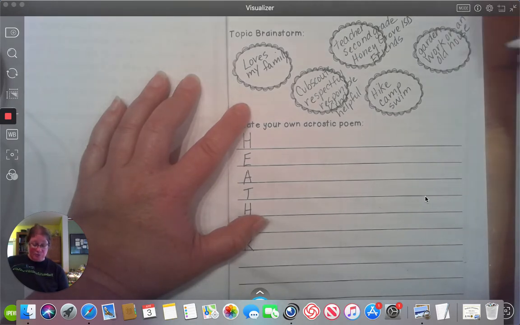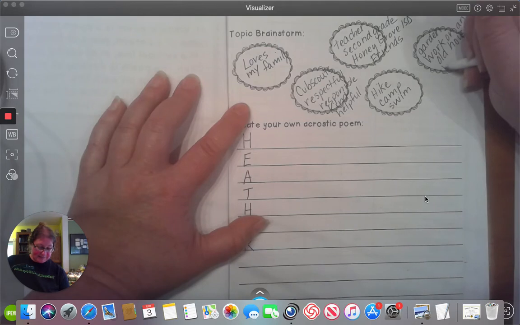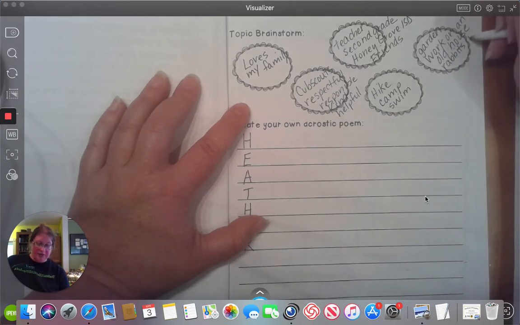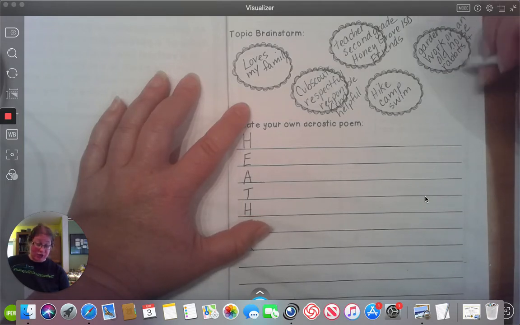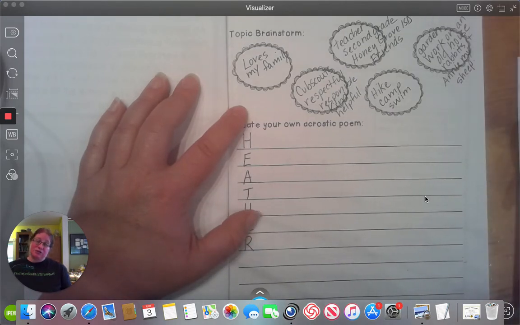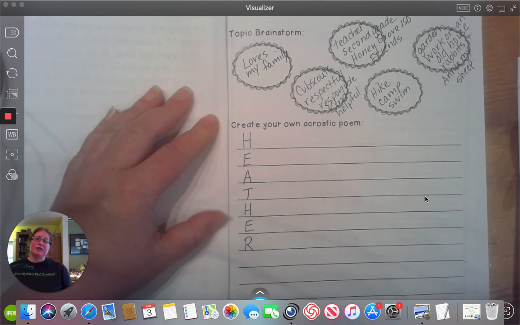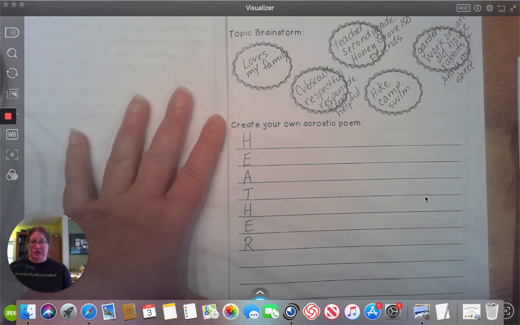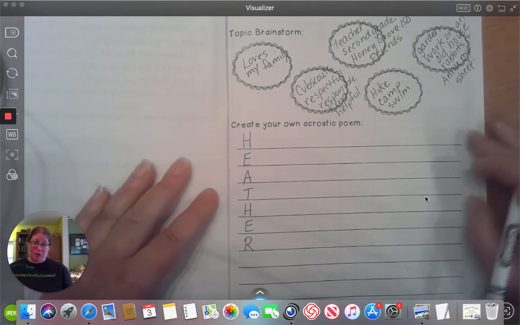And we like rabbits. And as some of you know, I've been babysitting a sheep, and yes, I still have Annie at home. So I have Annie, my sheep. So once I've filled my circles, I feel like I have a pretty good list of vocabulary I can use to help me in my poem.